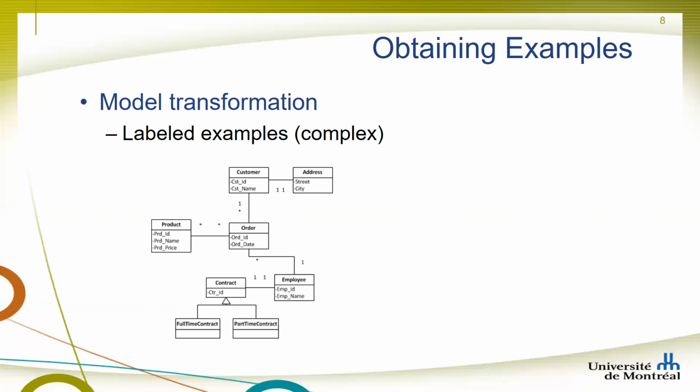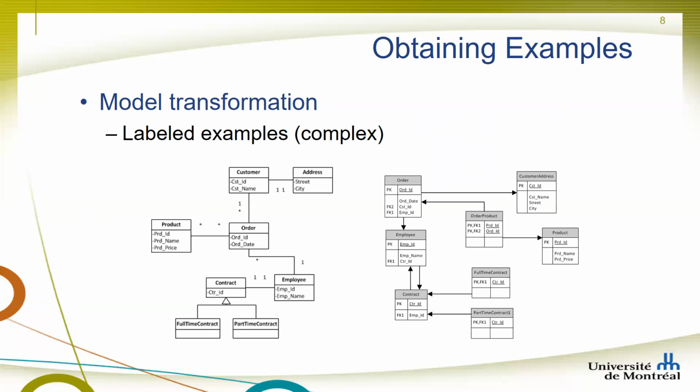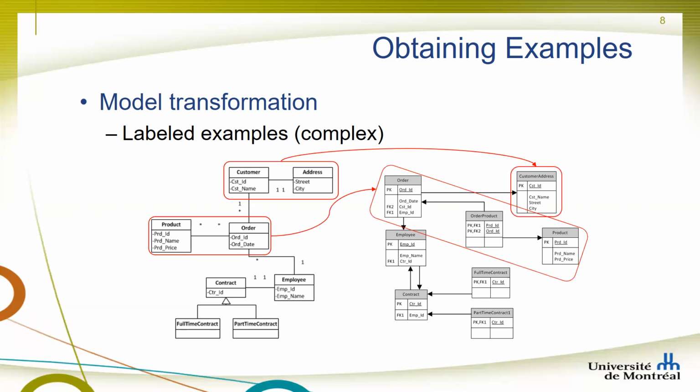If we generate these models from the source language, we have to produce these equivalent models in the target language. And the labeling could be even more sophisticated, like tracing which part of the models corresponds to which other part of the model. Okay, so this is some complex labeling.